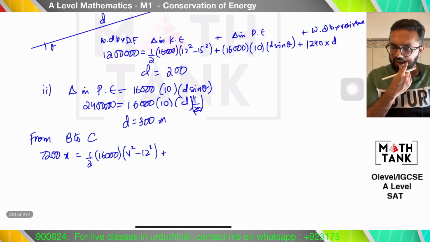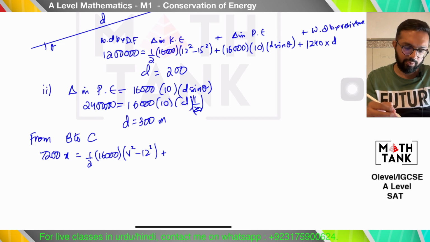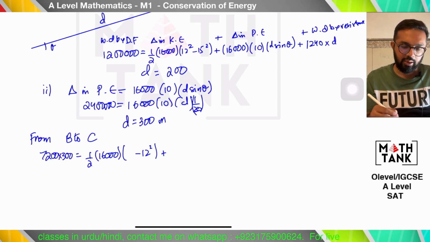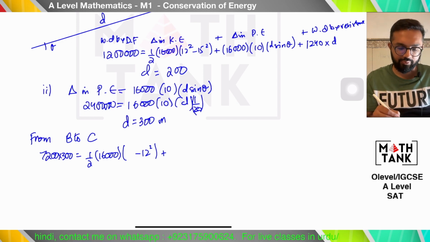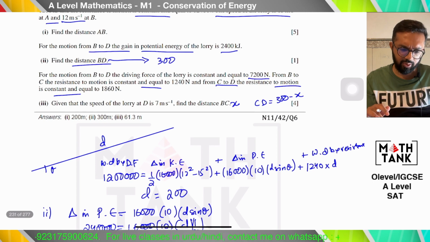Or I could do one of these things where I just break this up. I don't need two equations for this. I can put the entire distance into one slot and just break up the work done by resistance into two halves, because the other things stay constant and are in continuity.